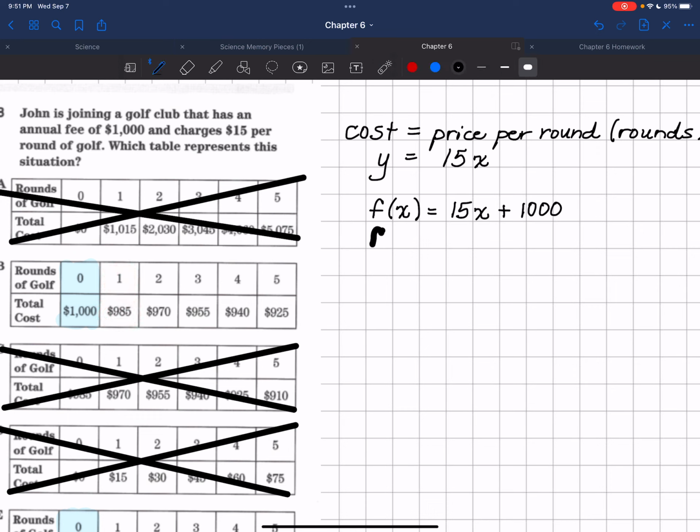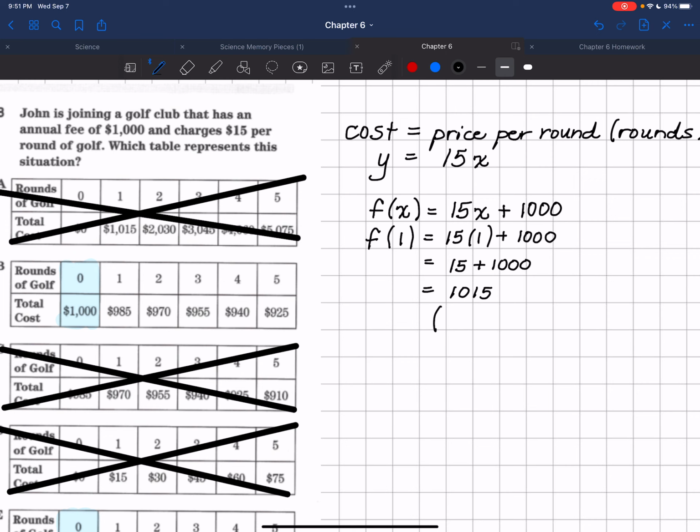So when f of x is used to predict 1x, that would be 15 times 1 plus 1,000. That is saying that the output is 15 plus 1,000 or $1,015. So is that what we have here?